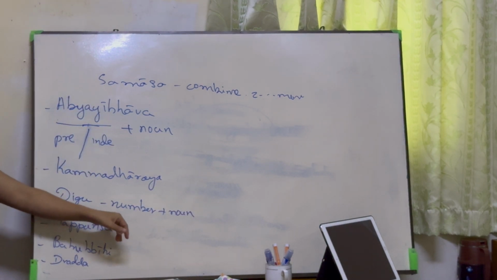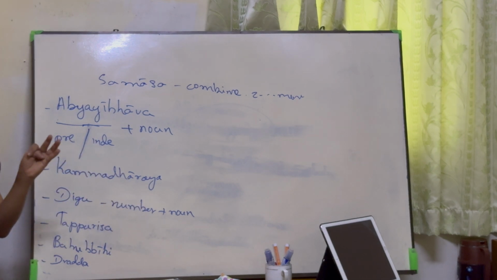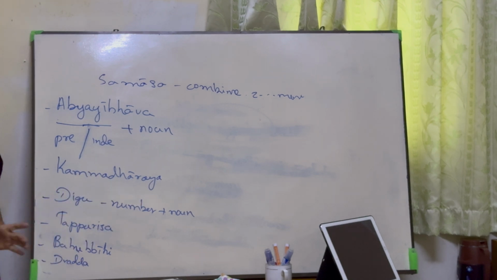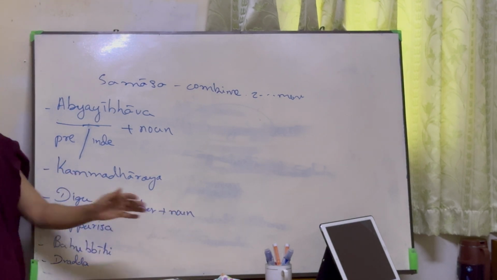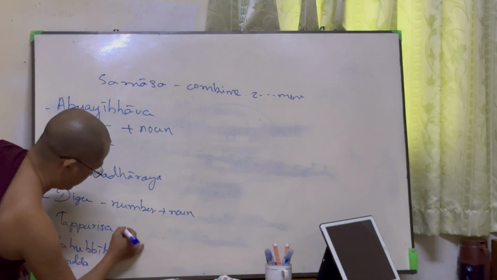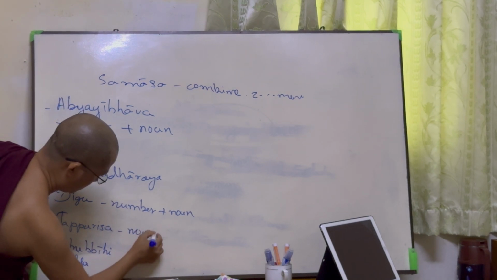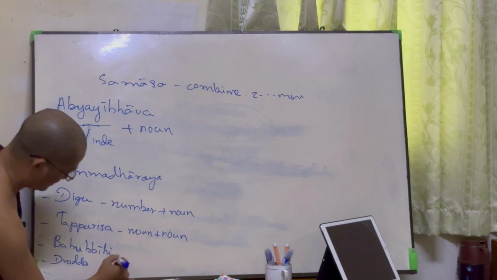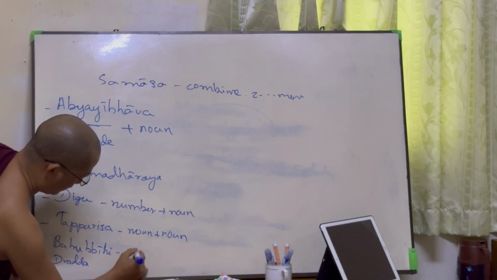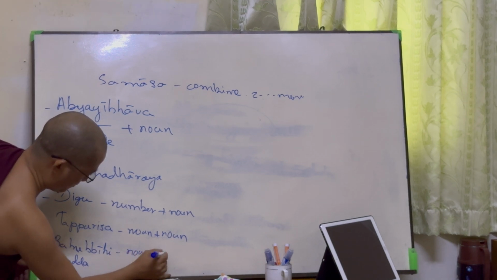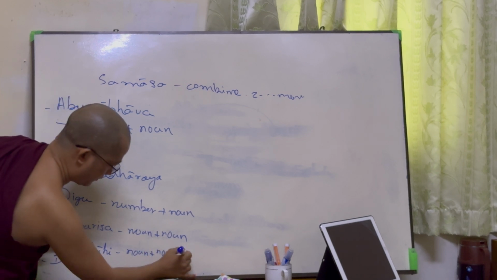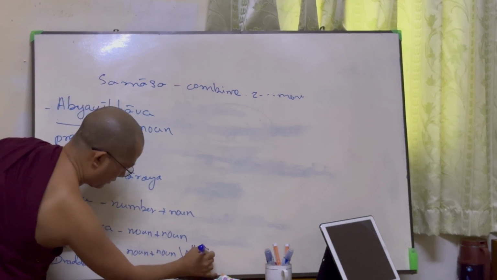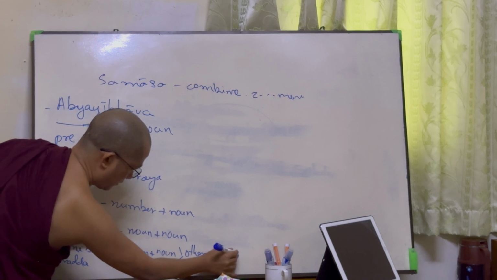Numbers in Pali: 1, 2, 3, 4, eka, dvi, ti, catu, satta, attha, nava, dasa, ekadasa and so on. Number plus noun. Tappurisa is noun plus noun. It is the same as the second one, a little different later, but generally we find it. Bahubbihi is noun or entities plus noun, the meaning changes to another meaning.